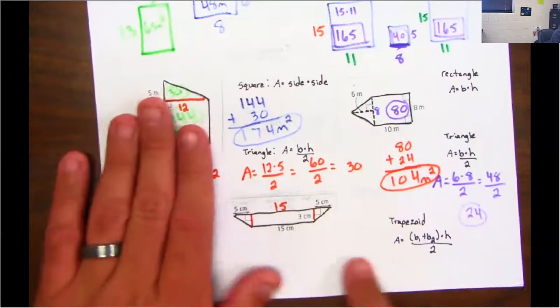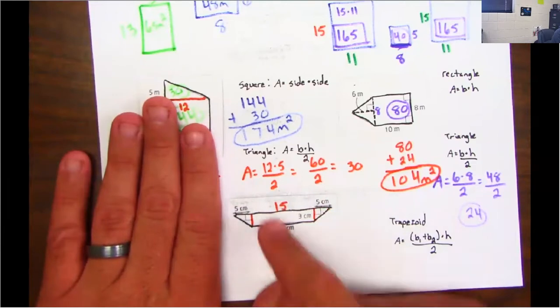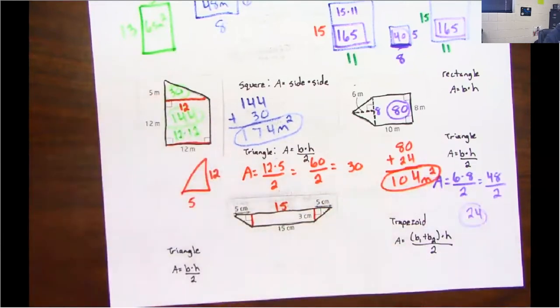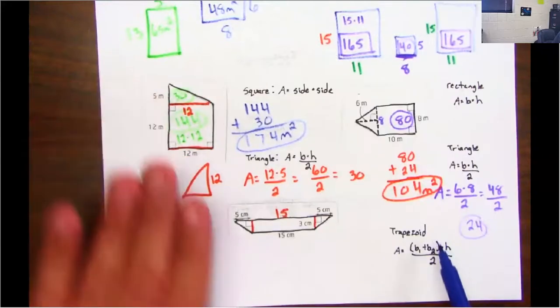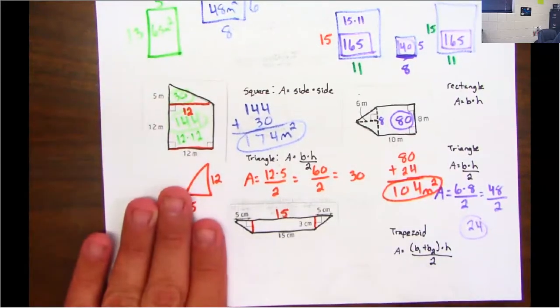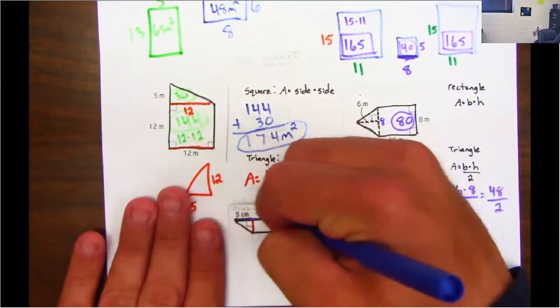Or you could say, oh my God, this is just one big trapezoid. So that'd be base 1 plus base 2 times the height divided by 2. What do y'all want to do? I want to show you all the trapezoid just in case you see it again. So the formula for a trapezoid, base 1 plus base 2 times the height divided by 2. Now, guys, this is your base 1, this entire thing.